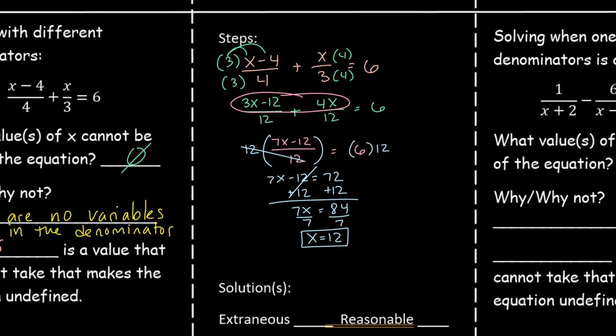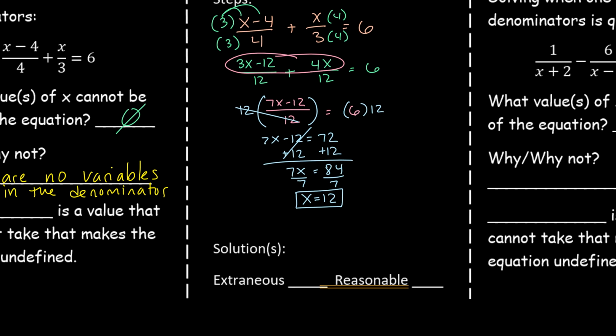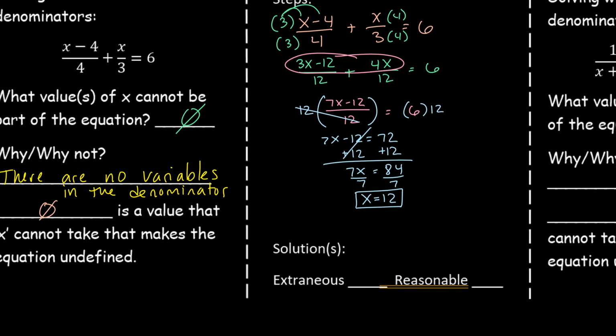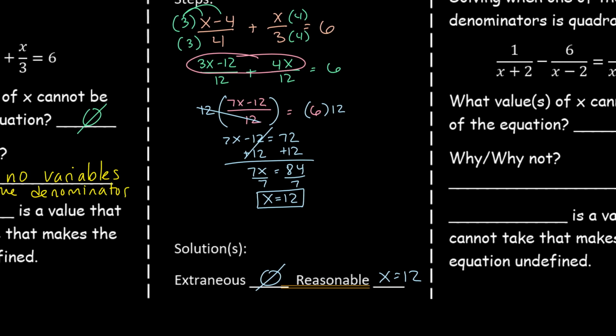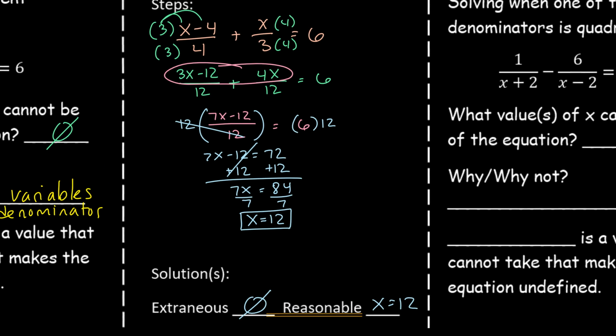No, right? We didn't have any that would make it undefined. So that is our reasonable solution, x equals 12. There are no extraneous solutions. Is this making sense so far? Yes. Okay, good.